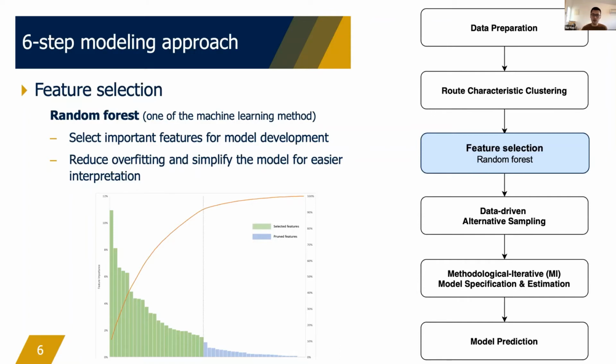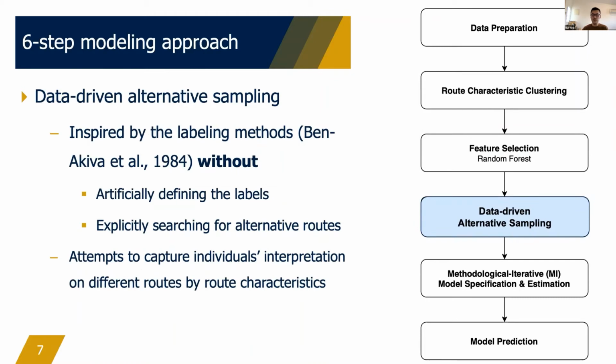As you can see in the figure, with only 24 features, which are in green, out of the 50 features, we're able to contain more than 90% of all the information represented by the features. As you will see, the result of random forest reduces the risk of overfitting and improves the model estimation accuracy and efficiency. So based on the selected features provided by the random forest, we'll apply the data-driven alternative sampling method to generate the choice set.